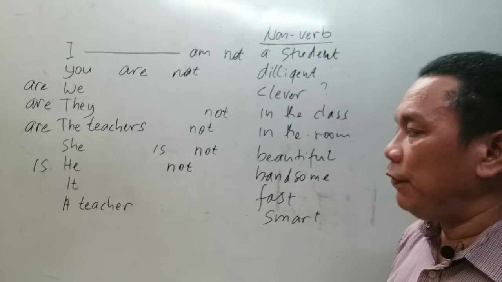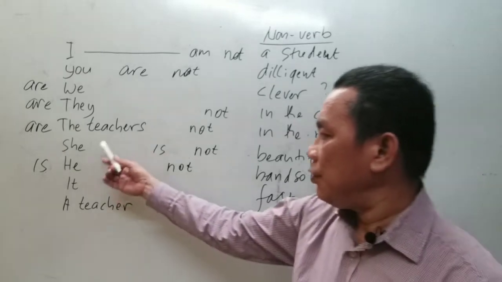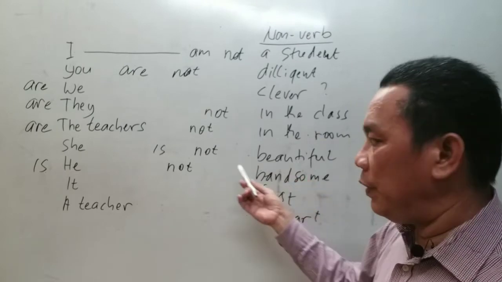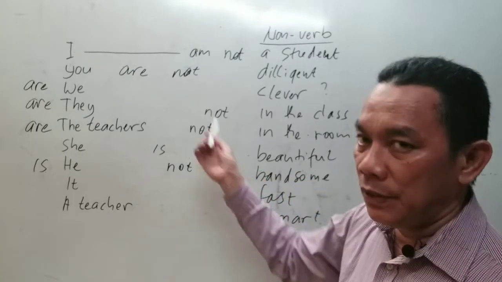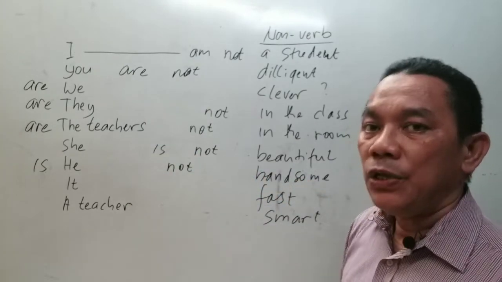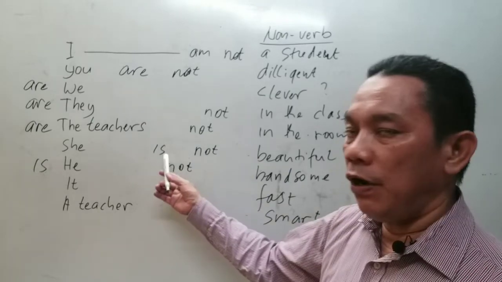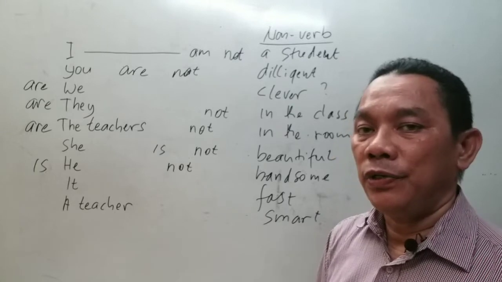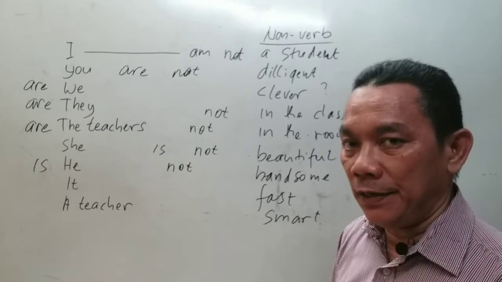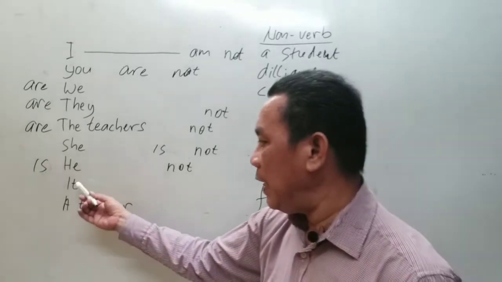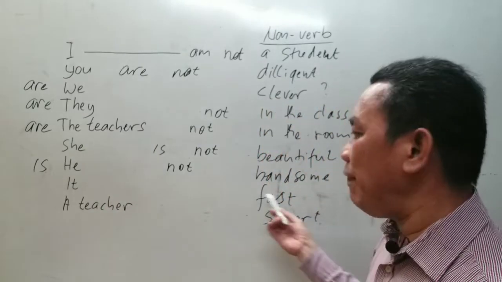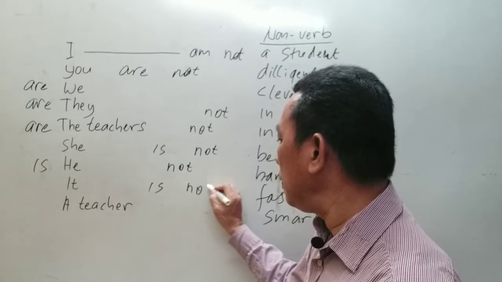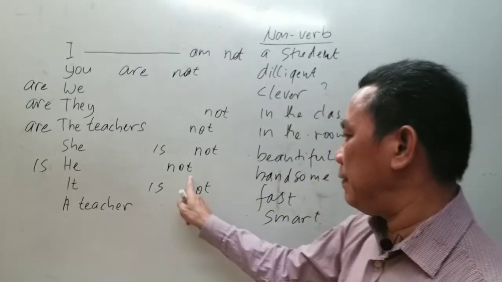Okay. Now for the negative sentence, let's say she is not beautiful. And then when you want to change this sentence into an interrogative sentence, you may move both of them, is and not, but they must be in contraction. It will be isn't. For example, let's say it is not fast.